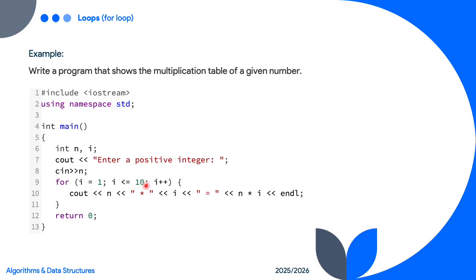And finally, the update is i++, as we need to have i equal to 1, then i equal to 2, till i equal to 10. So this instruction should be executed exactly 10 times.